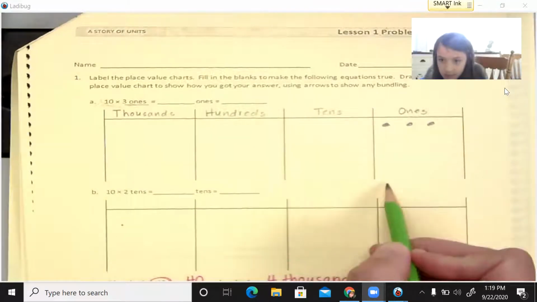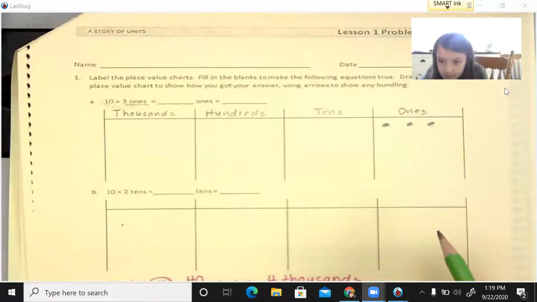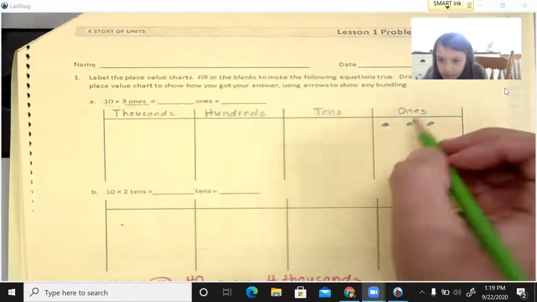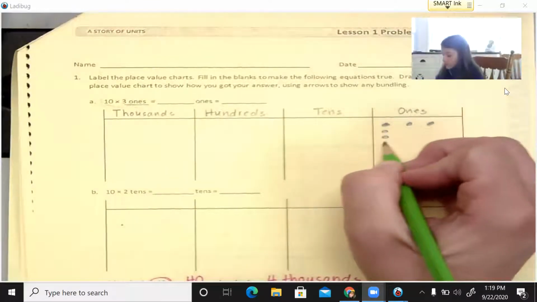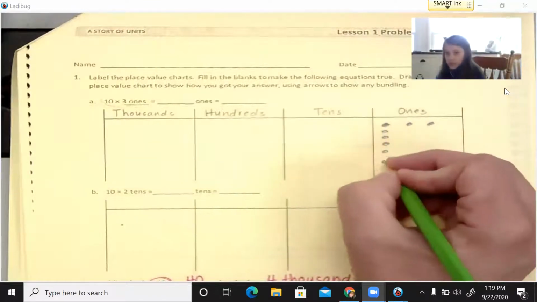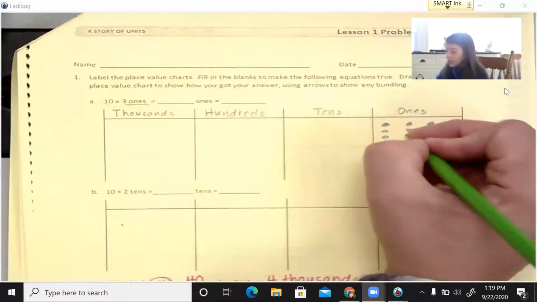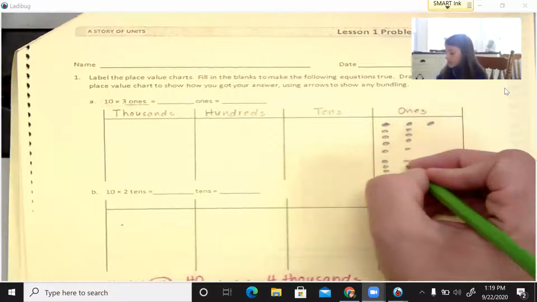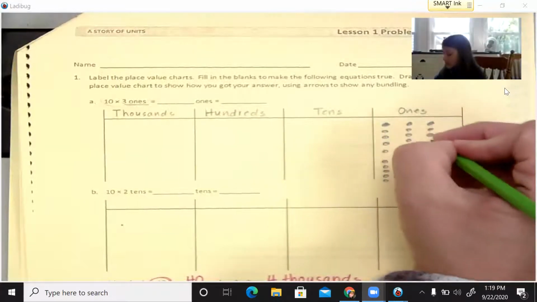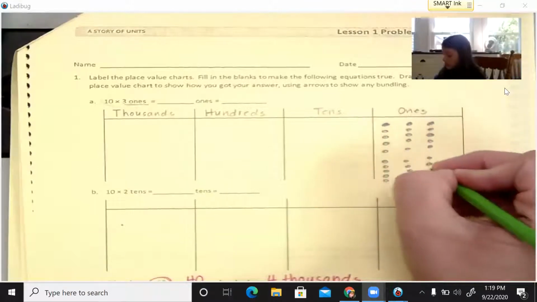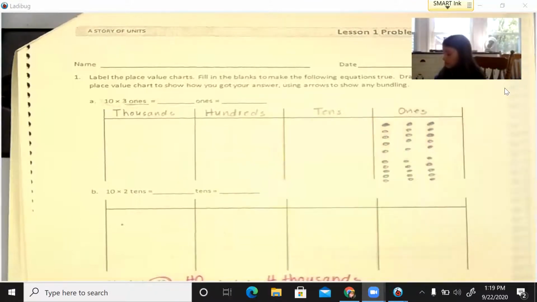How many more discs do I need to put in each row? I want to have 10 total. So here's 1, 2, 3, 4, 5, 6, 7, 8, 9, 10. Now I have 1 already, 2, 3, 4, 5, 6, 7, 8, 9, 10.